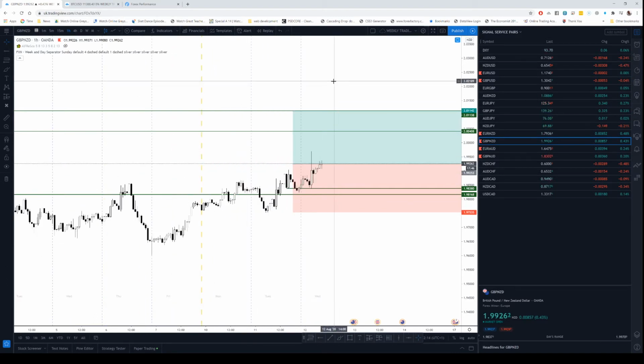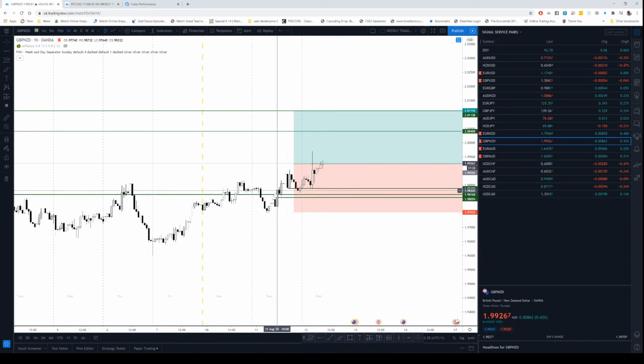We will just see a continuation to the upside, but this down candle is still valid. Okay, they left this one here, so if price is to come back down there, it will still be an active down candle for a buy. That's what I said, if you see price reject, because sometimes that's what happens to me.